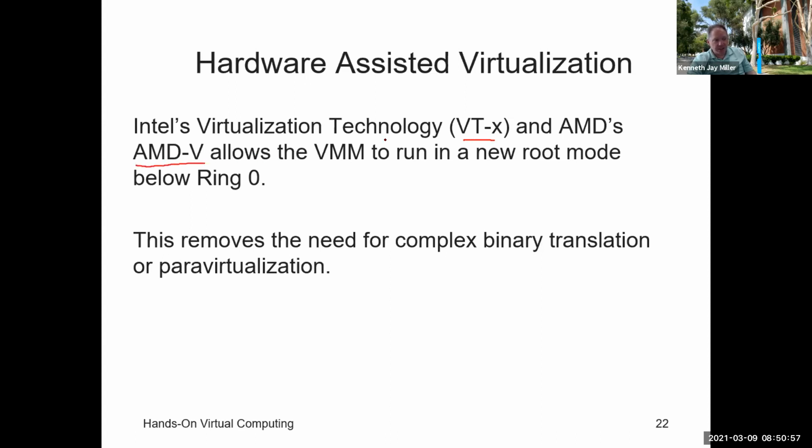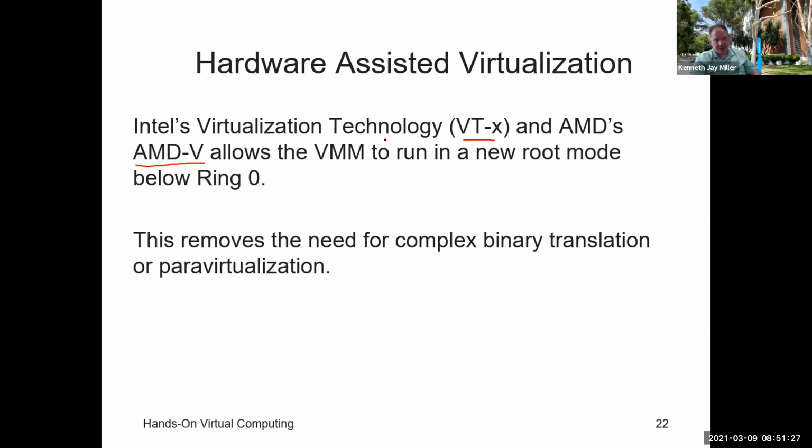And it's just the code and the function that Intel and AMD put into their chips. And this is referred to as HAV, or hardware assisted virtualization. So HAV allows the VMM to run in a new root mode, which is under ring 0.